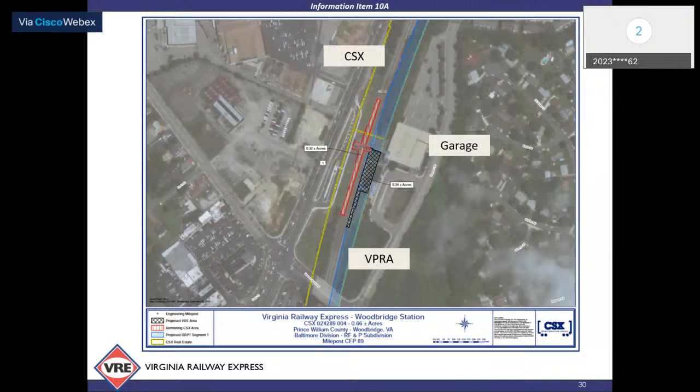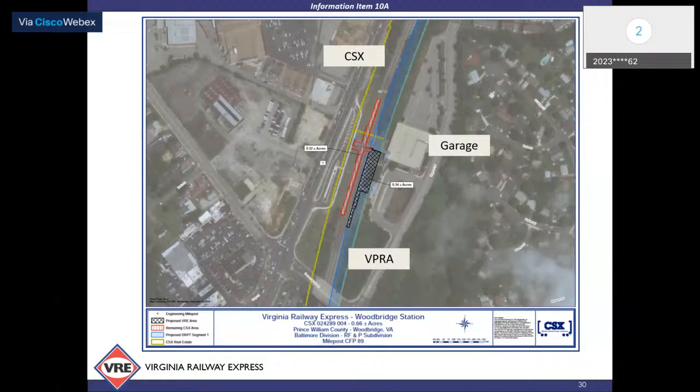Okay. And then the station lease portion of our access agreement with the Commonwealth or with the rail authority will contemplate that black hashed out mark area within the blue.